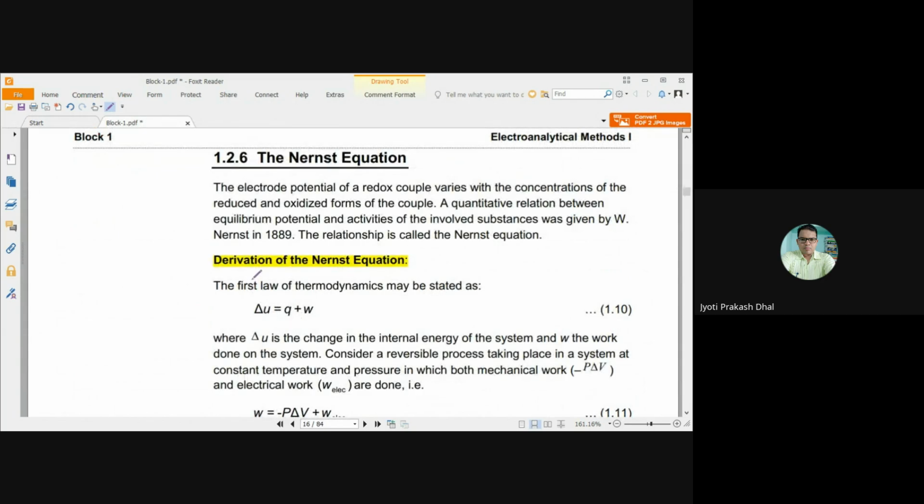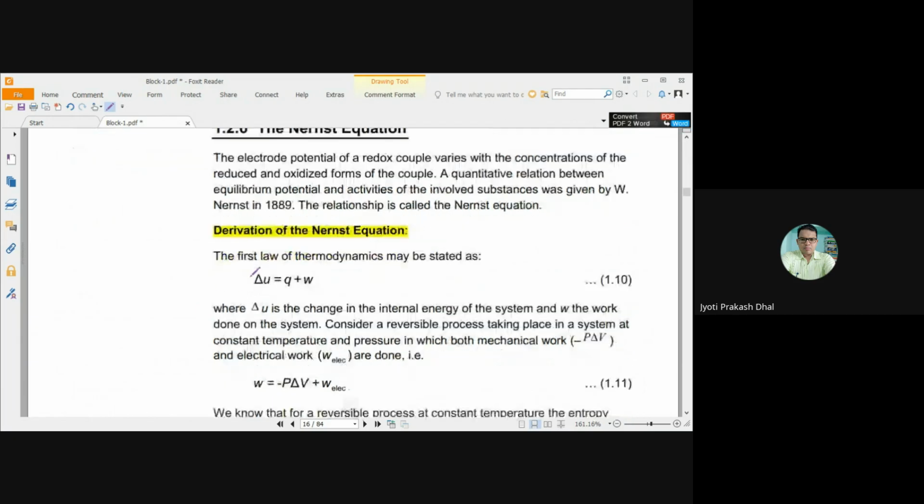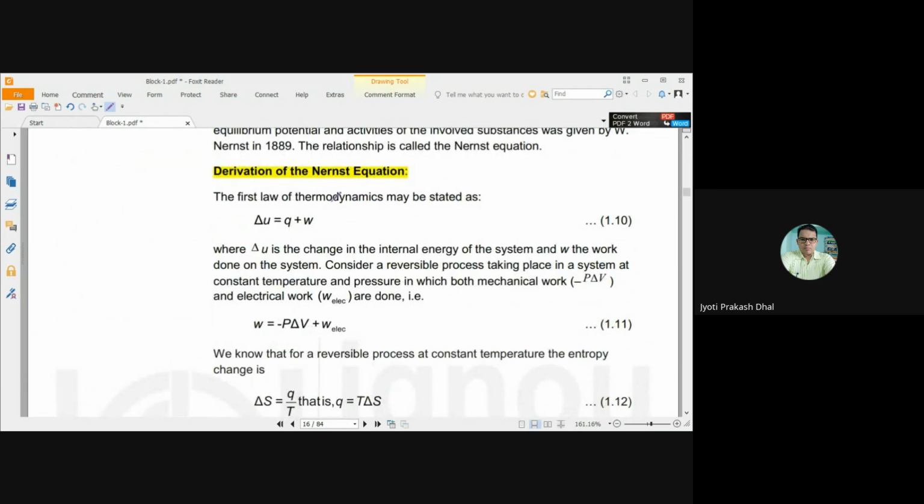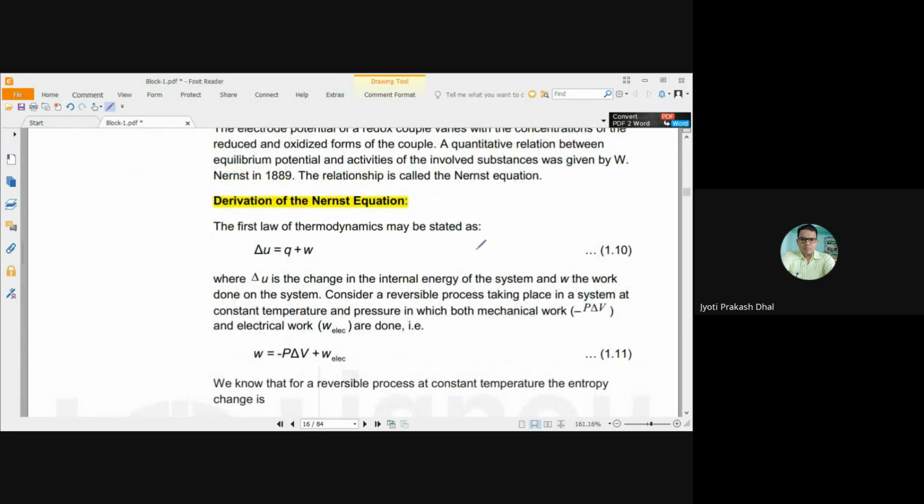Now coming to the Nernst equation. This is one of the most expected long questions for your semester examination. The first one is the derivation. Here we will discuss the derivation of the Nernst equation.